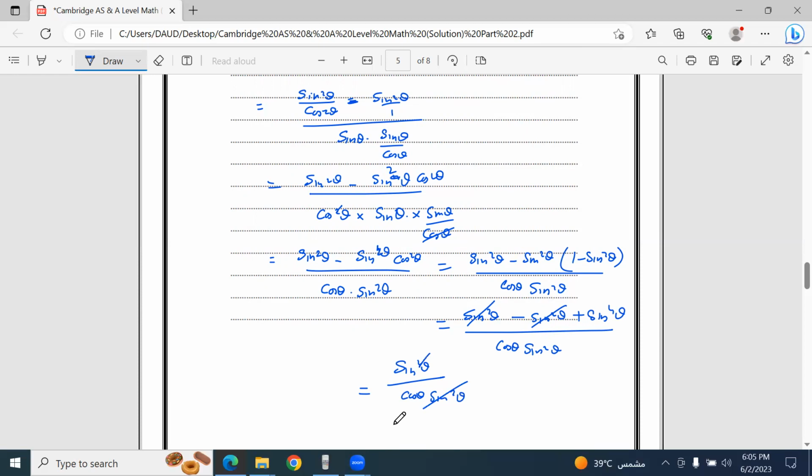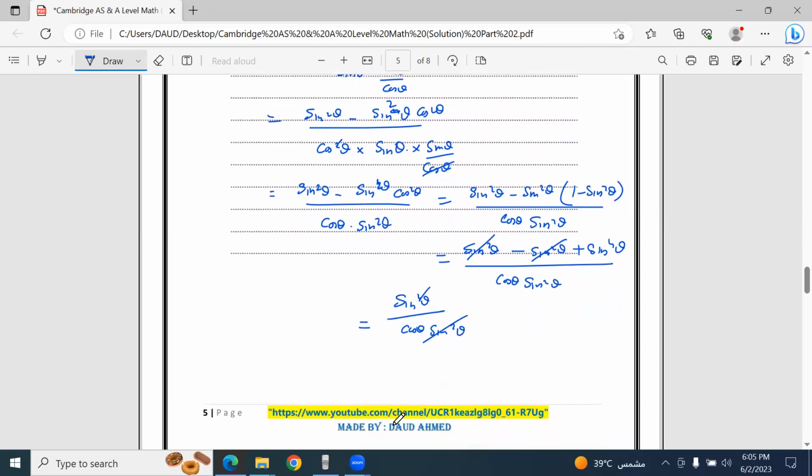Sine square can cancel with the power 4. So the remaining thing is sine square theta over cos theta, which is equal to sine theta over cos theta into sine theta. The last thing we can say is that sine over cos is tan. So tan theta dot sine theta. This is our right hand side. So we proved it.